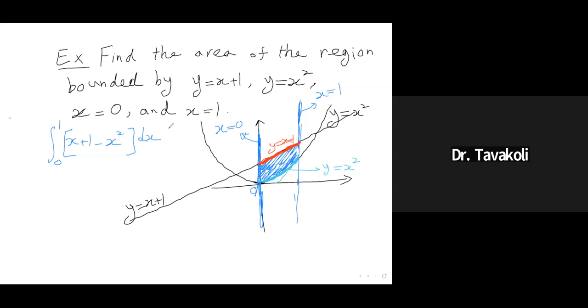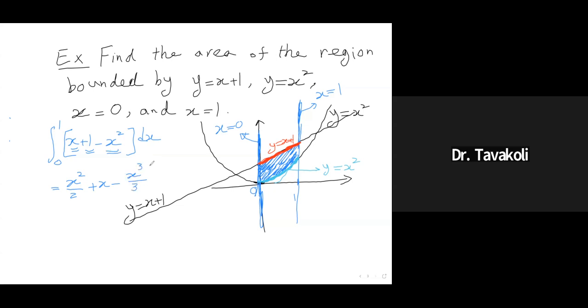Okay, so let's calculate this. Antiderivative of x is x squared over 2. Antiderivative of 1 is x. Antiderivative of x squared is x cubed over 3.